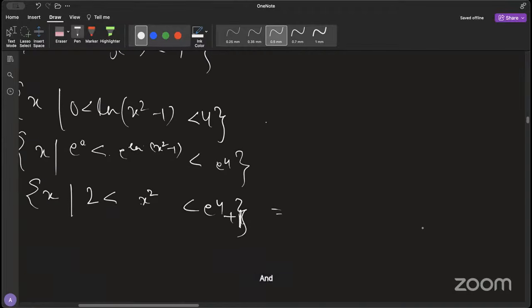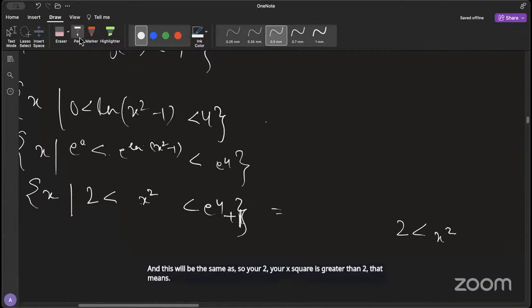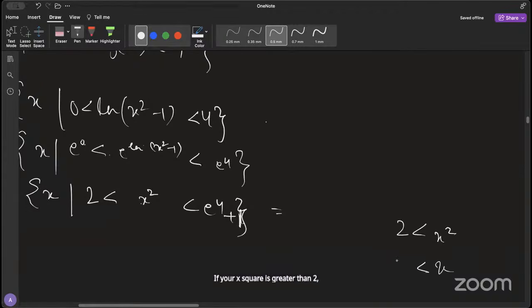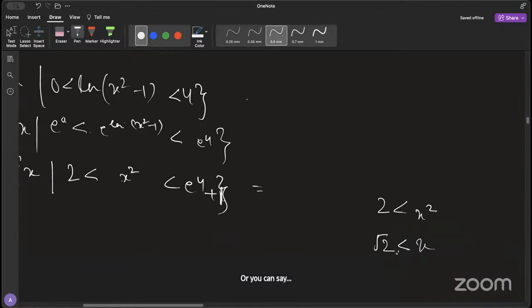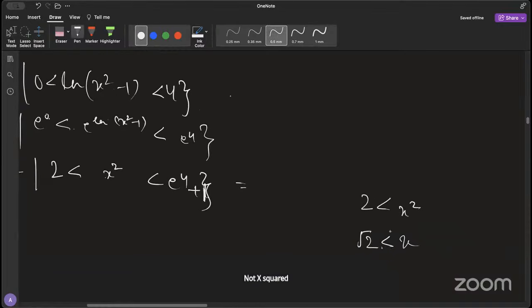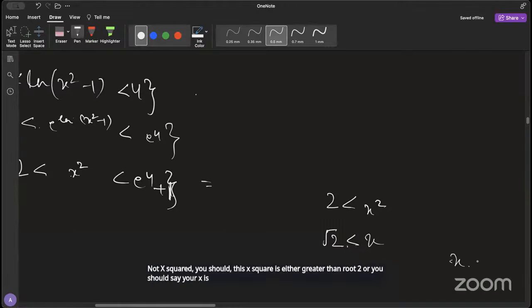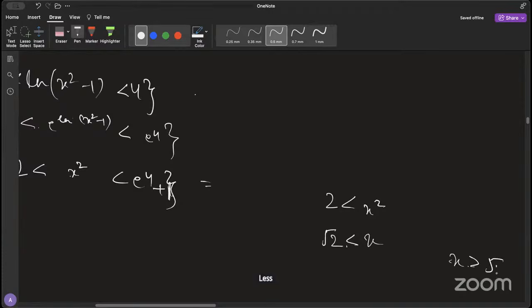So your x square is greater than 2. That means your x is either greater than root 2, or you should say your x is less than minus root 2, right?